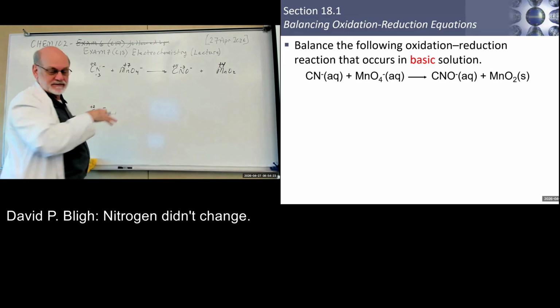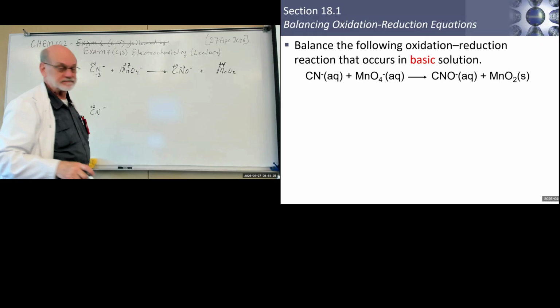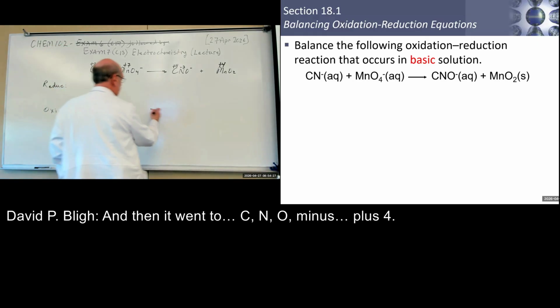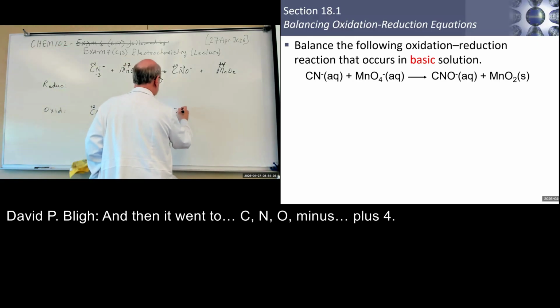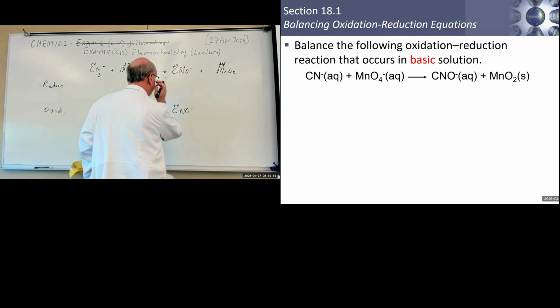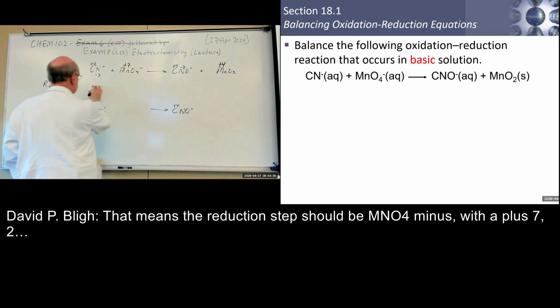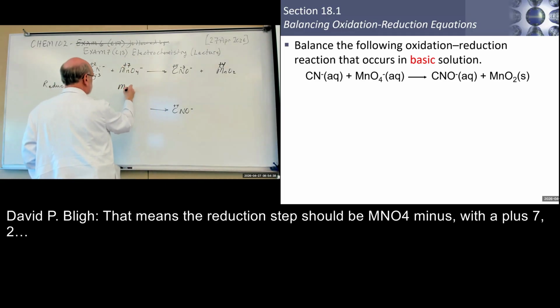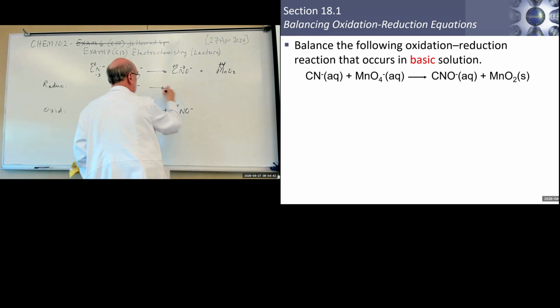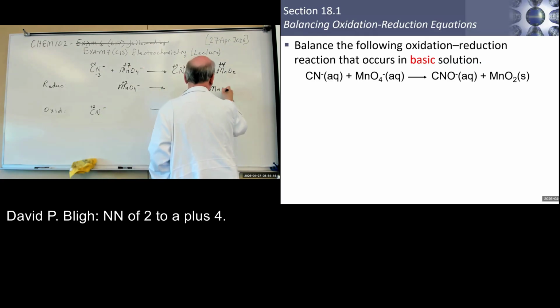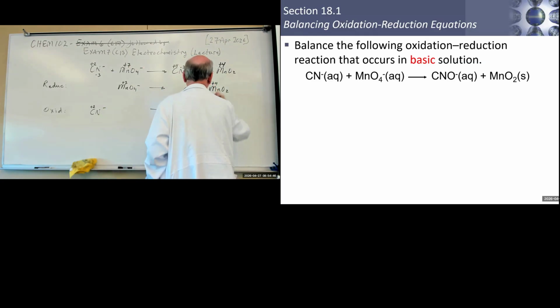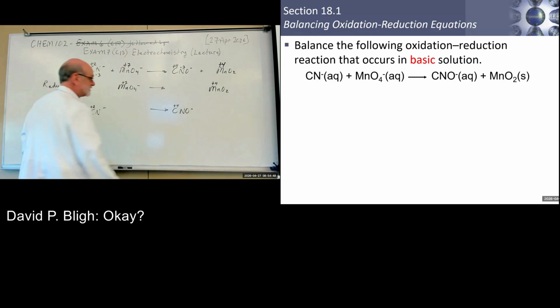Nitrogen didn't change because we picked it that way. And then it went to CNO-, +4. That means the reduction step should be MnO4- with a +7 to MnO2 to a +4. Okay.